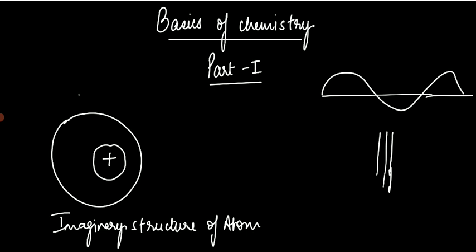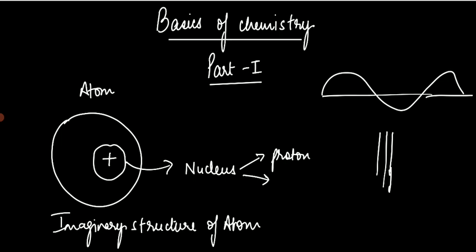So this atom has a nucleus in it. The nucleus is a positively charged central core. So we can write this positive charge, because the nucleus has two subatomic particles.